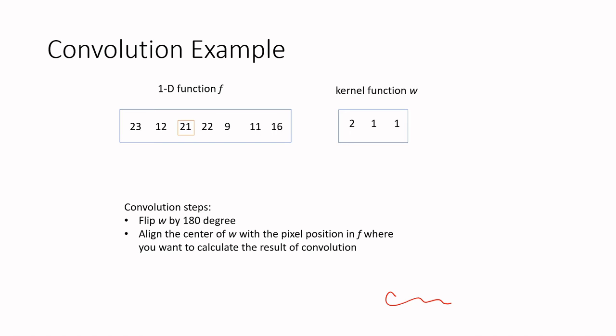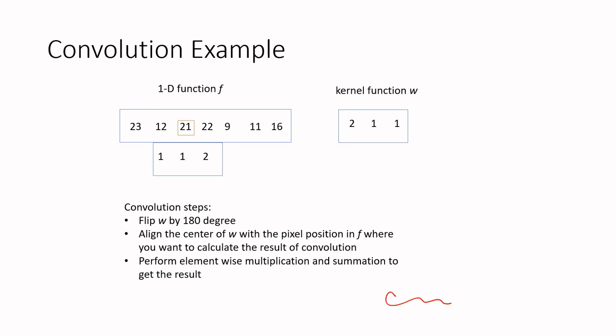So in this example, I have highlighted the number 21 in the one-dimensional function f. That is the position or location where we want to apply the convolution operation and calculate the result. As we have seen, we have flipped the w and we have aligned it with our 1D function at location 21.